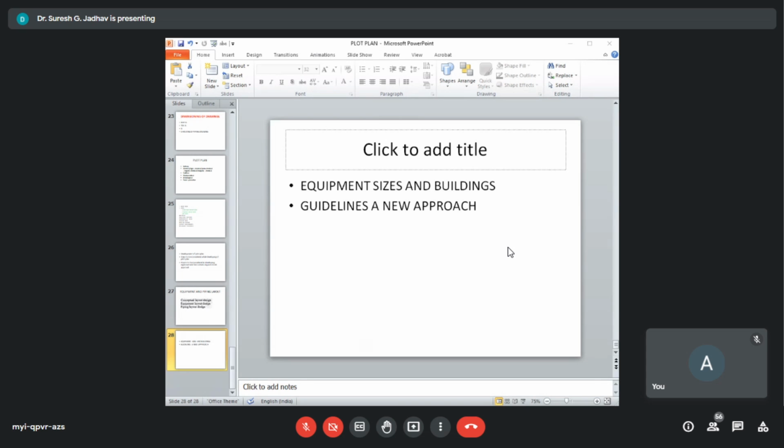Both good and bad layouts are used in conjunction with established practices. This new approach can improve engineers' ability to evaluate the equipment layouts. So, in the guidelines, we see the different calculations.